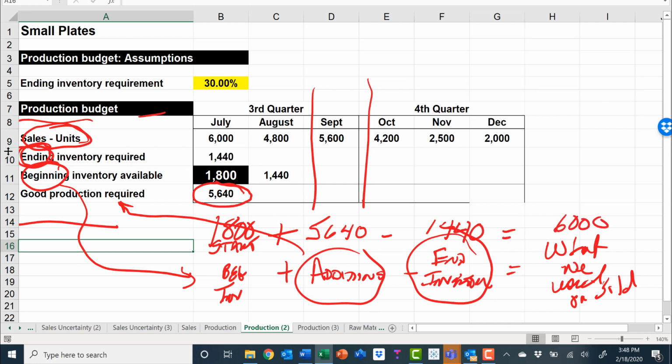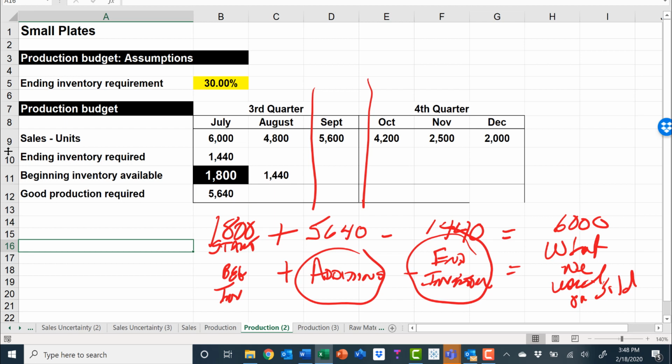Now another way that I think about it, just because I tend to be more of a spreadsheet person instead of a formula person, is that these two things are always equal to these two things.